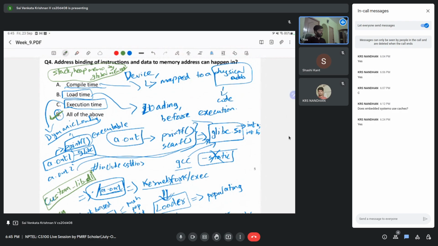If it's the heap, the actual address would be decided at execution time, right? Once you do the malloc, it returns the address where it is stored. For the stack, I would say it is load time, because the stack is created when the process is created, at the time of loading the process.